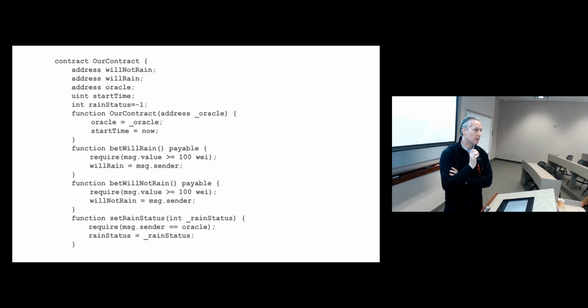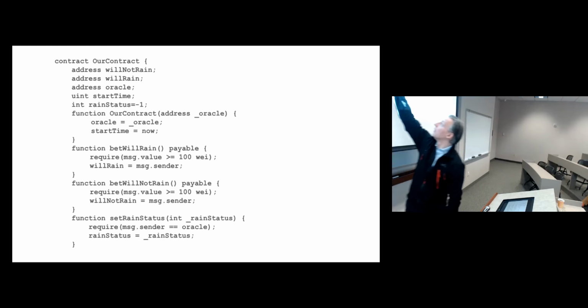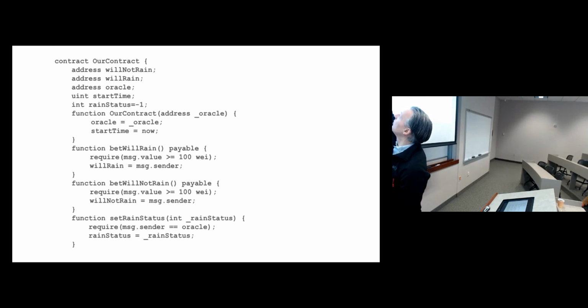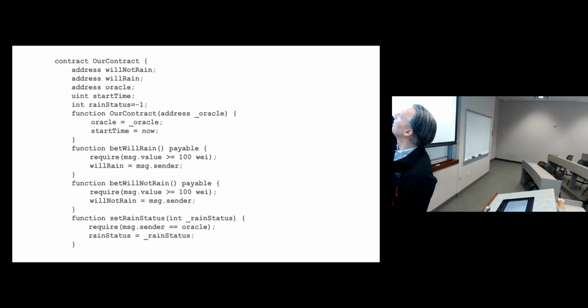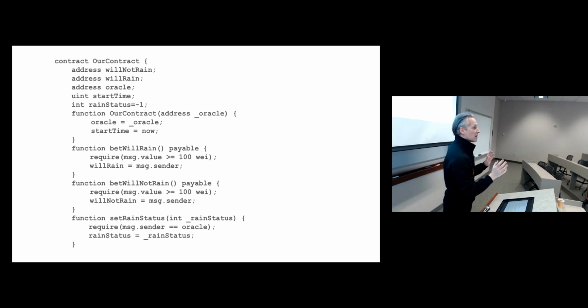That's the deposit, so that's this one here. And willRain, for purposes of this function, is the message sender with 100 wei or more. We'll see the if function later, so you have to predefine this.